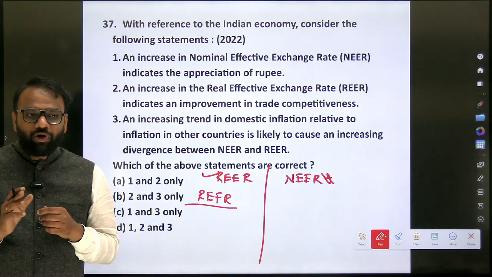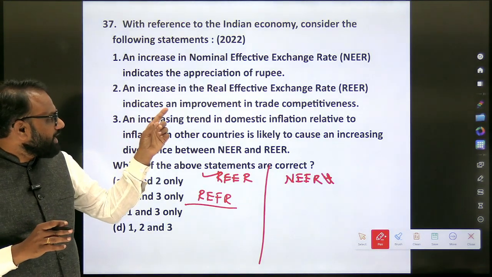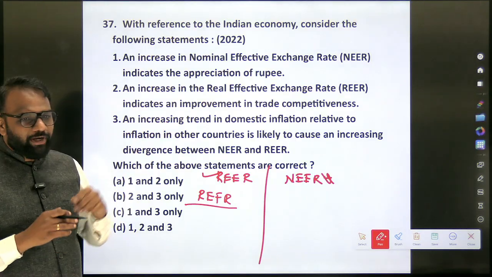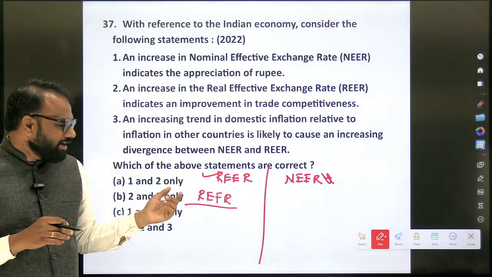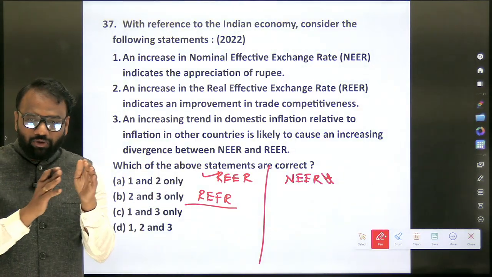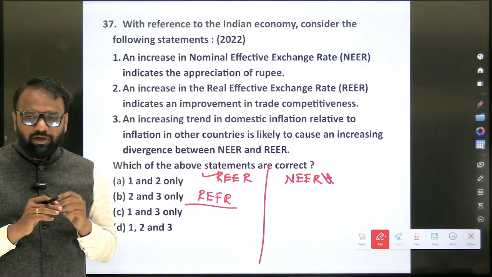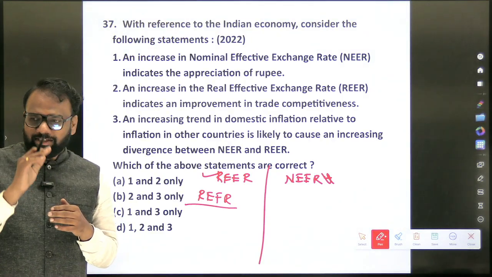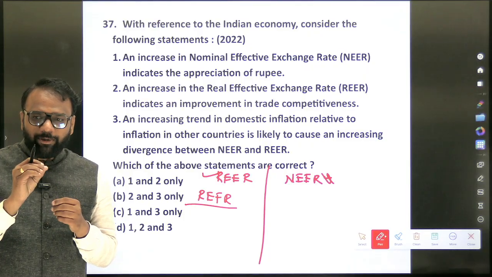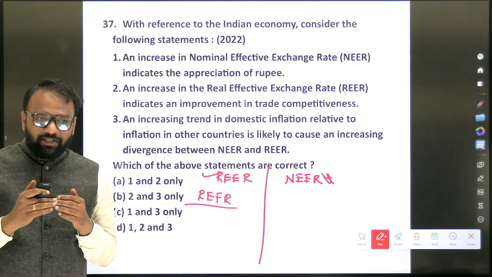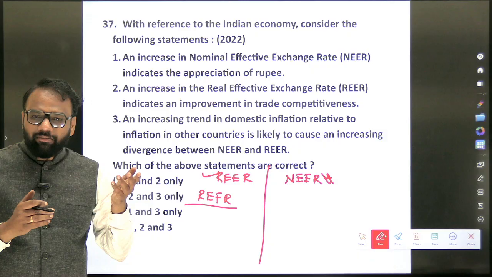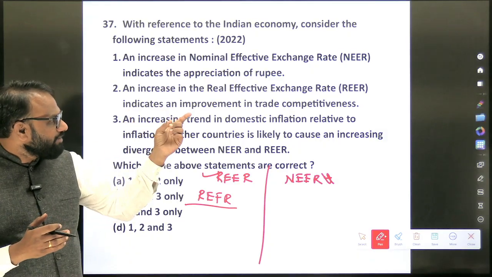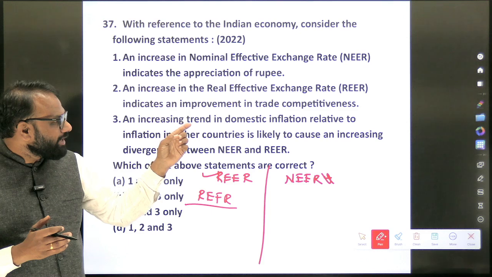See here, an increase in the real effective exchange rate indicates an improvement in trade competitiveness. Just go back to that video and see it once, because it's a confusing topic. So when REER increases, our products in the international market will become cheaper. Hence an increase in the real effective exchange rate indicates an improvement in trade competitiveness.